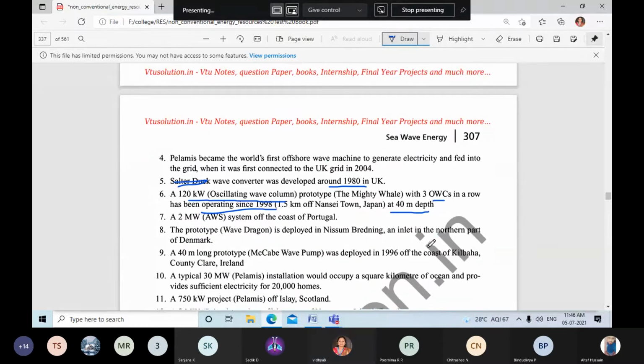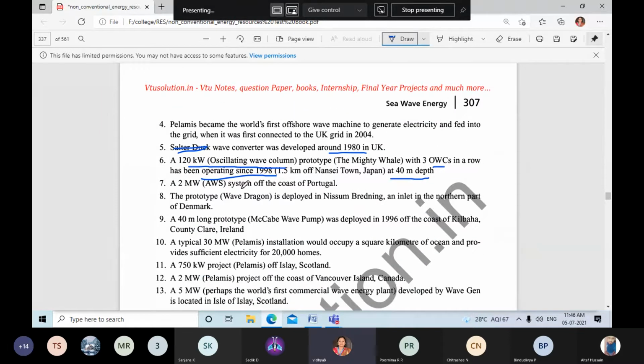A 2 megawatt system is off the coast of Portugal. The prototype was developed in Nissum Bredning, an inlet in the northeast part of Denmark. Next, a 40-meter long prototype was developed in 1996 off the coast of County Clare, Ireland.